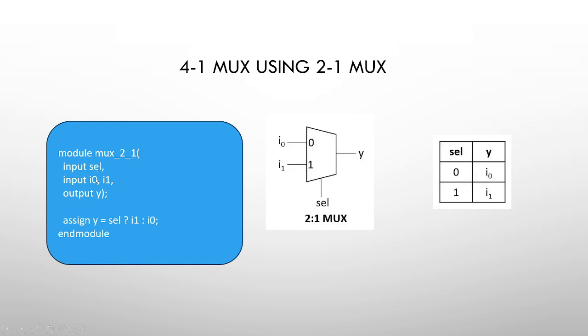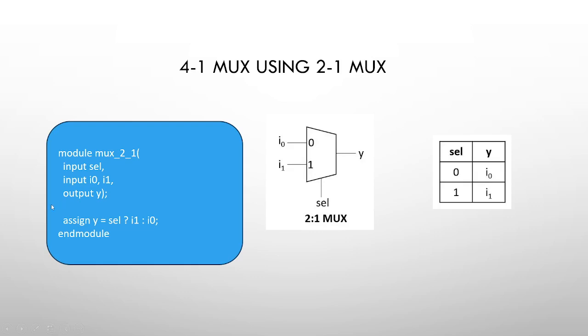But as I told you, the professional, clean way of writing the code is by categorizing everything. Since this is a 2 by 1 mux, you'll have only one selection line. If you are designing an 8 by 1 mux, you'll have more selection lines. By categorizing all selection lines in one place and all inputs in one place, it will be pleasing to see.